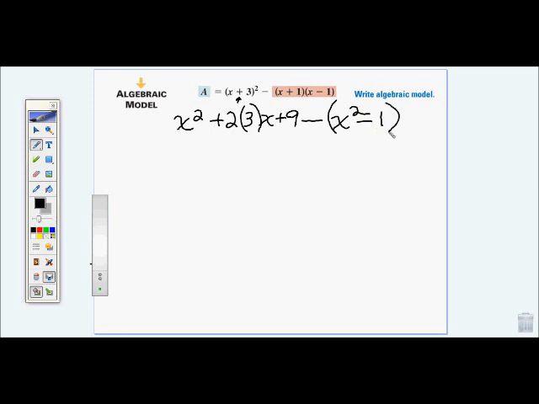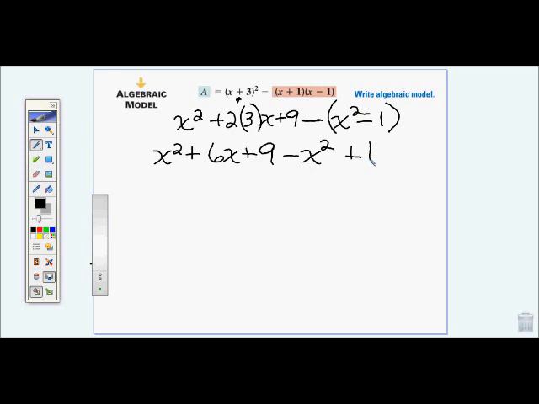Okay, applying that pattern. Now we need to do some simplifying. First thing, I multiplied that out for us. And then I'm going to use the distributive property here because I have this negative before the parentheses, so it's going to make everything the opposite. That's going to be a negative x squared and a positive 1.